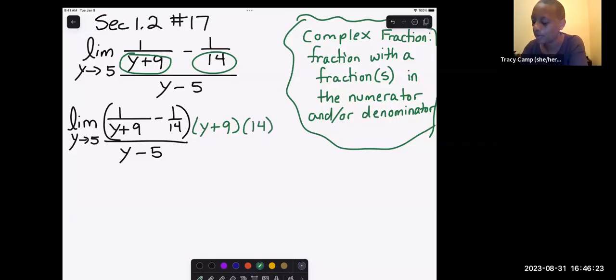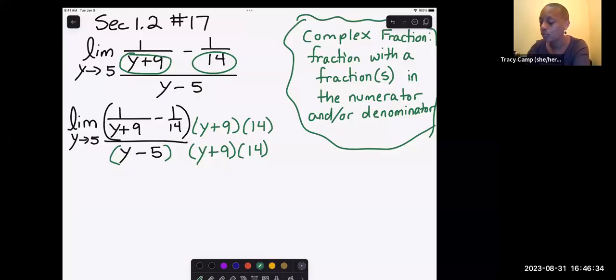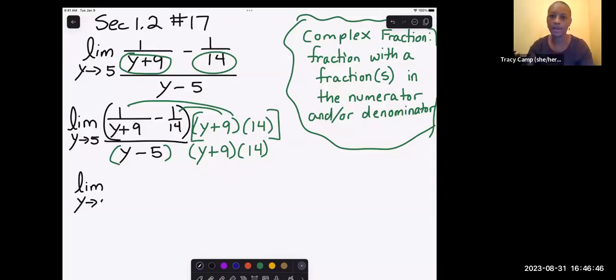And then whatever you do to the top of a fraction, you have to do to the bottom. So that's why I'm putting the y plus 9 times 14 on the bottom also. And now I'm going to distribute all of this to my numerator. So I end up with the limit as y approaches 5.